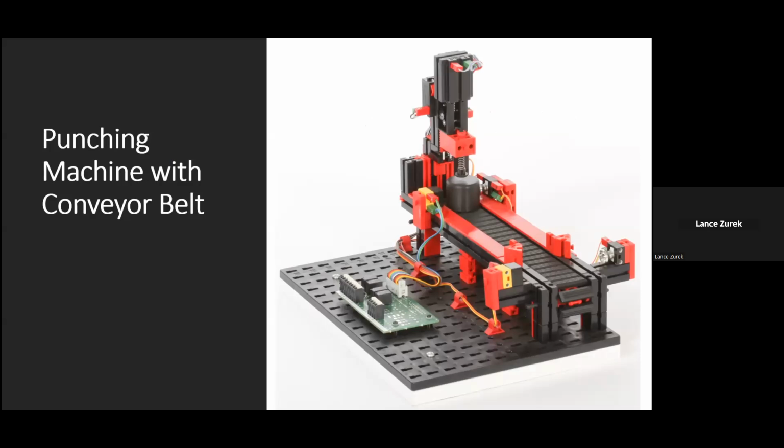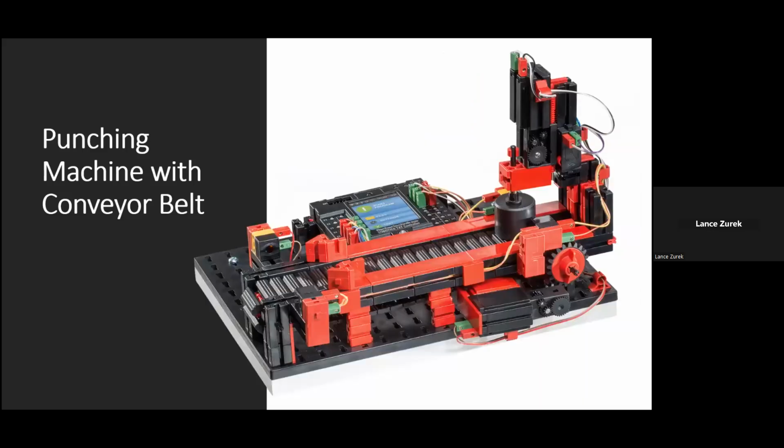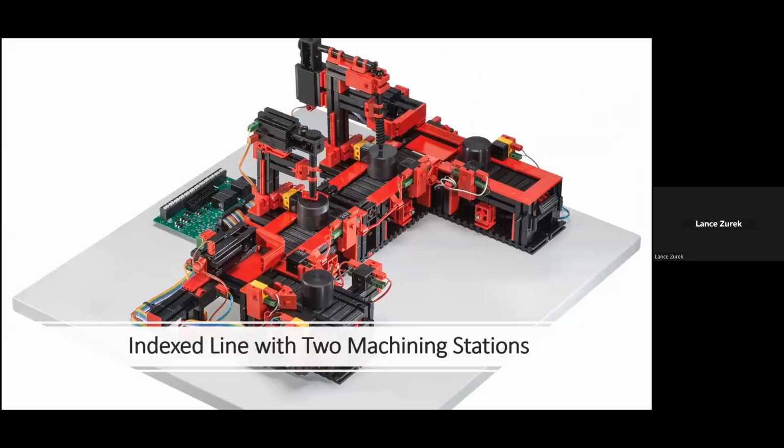Dimensions of the model are approximately 15 by 12 by 7.5 inches, and it has a weight of about 3.5 pounds. Again, available in the standard 24-volt variation with the 26-pin connector, 2.54 millimeter grid as shown in this photo. And for a limited time, we do have the 9-volt version wired to the robotics TXT controller. And again, one 120-volt power adapter is required for that one.